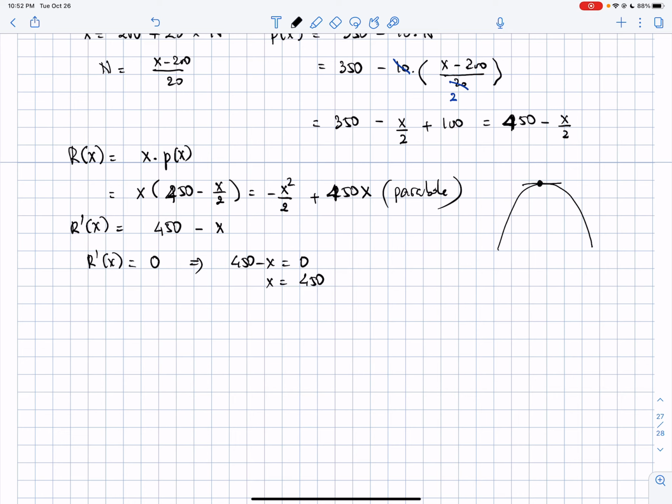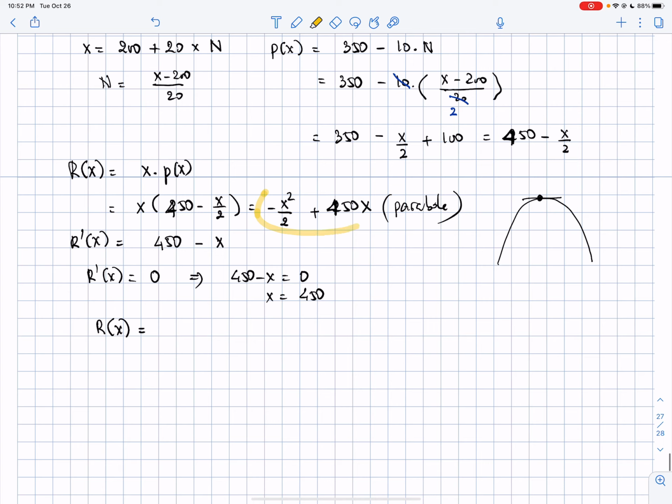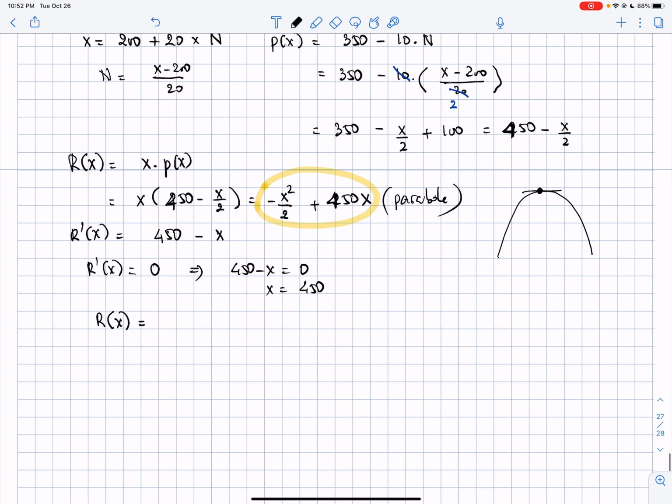To find the maximum revenue, which is this function, we will plug this in. Oh, by the way, we want to plug into the demand function, because this is the maximum point.